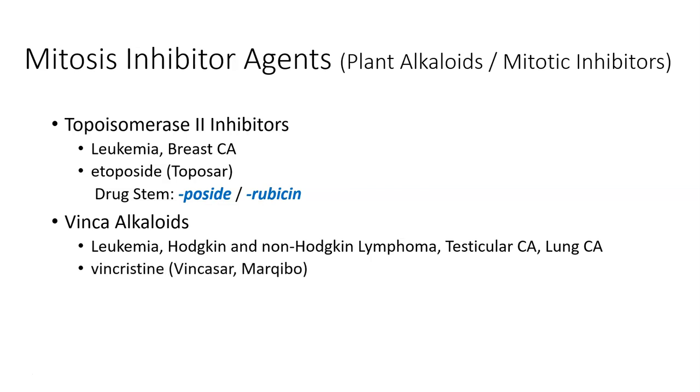And they include drugs like vincristine, which is known as Vincasar, or Marqibo, vinorelbine. They all start with vin as their drug stem. But these are all plant alkaloids. And then I think in your textbook there's an image of the vinca plant with the pretty purple leaves.